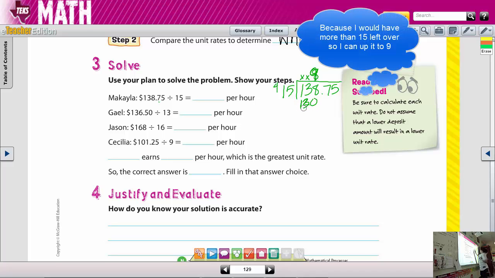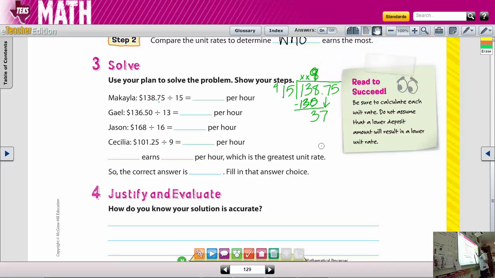And that would be 135. That's 3, 7, much easier. The decimal goes straight up. That would be 2. That's 30, 75. And that would be 5. Yep, 5. That'd be 25, 7. So Michaela earns $9.25 per hour.